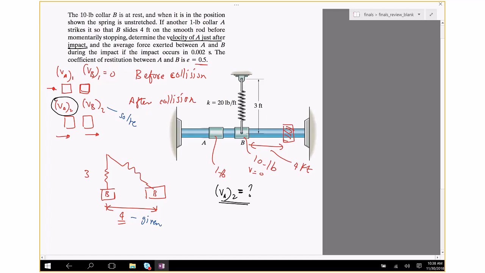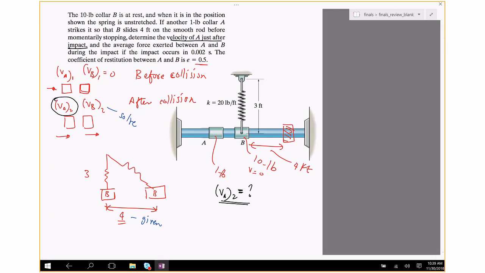Going backwards, once we know VB2, we can solve VA2, because we know what happens in a collision: the coefficient of restitution equation and conservation of linear momentum. We could apply both. So my goal is to go backwards for this particular problem.